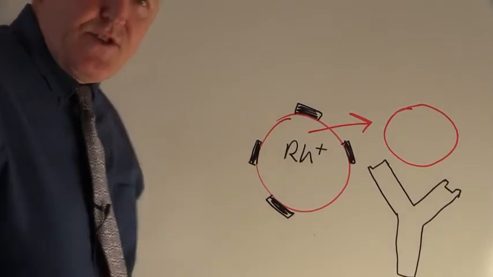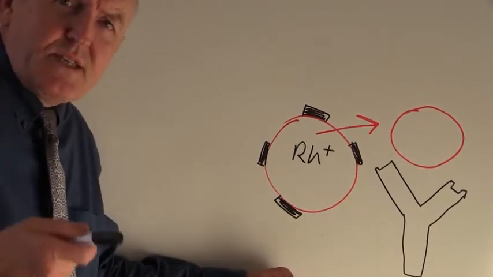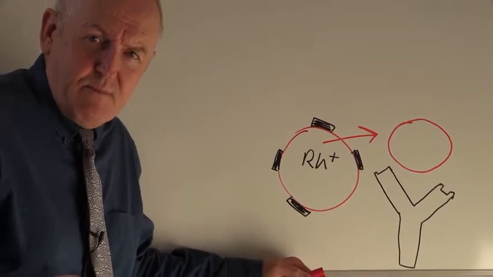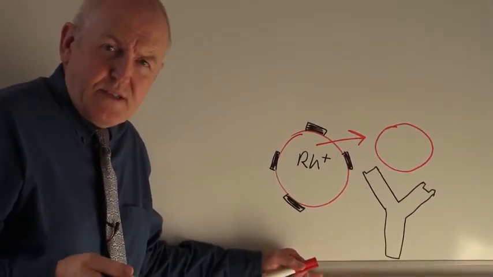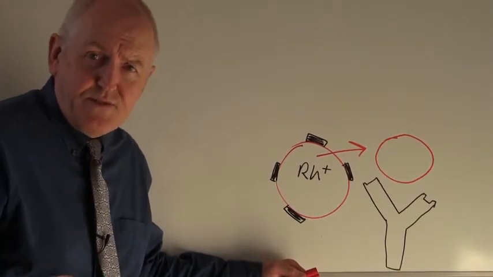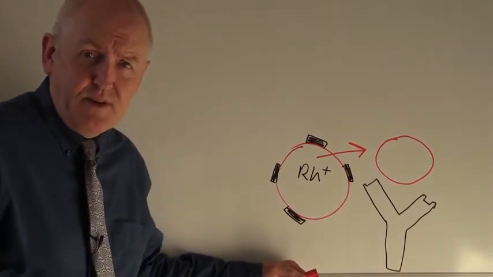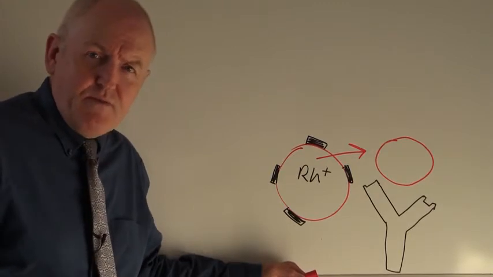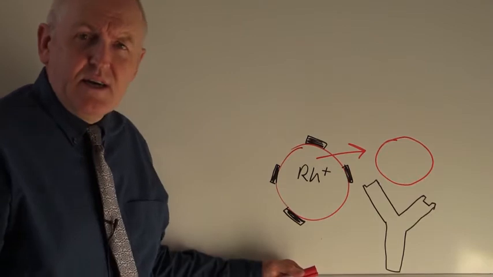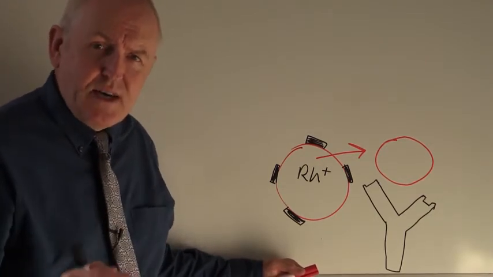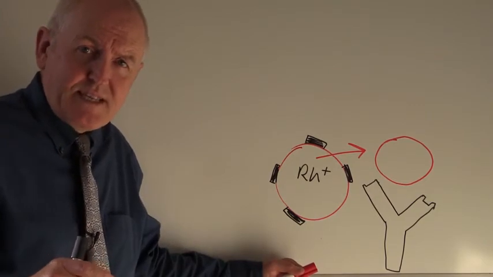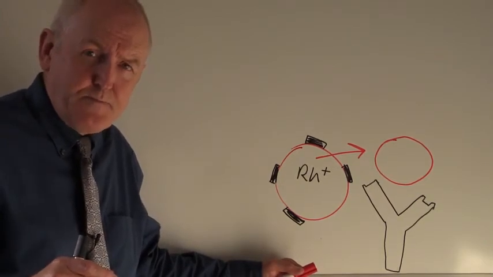Now let's think about the situation where there's a rhesus positive father and a rhesus negative mother. That means there is a 50% chance or 100% chance of the fetus being rhesus positive depending on the genotype of the father. So whenever there's a rhesus negative mother, if there's a rhesus positive father, this is a potential complication that we can develop this hemolytic disease of the newborn.